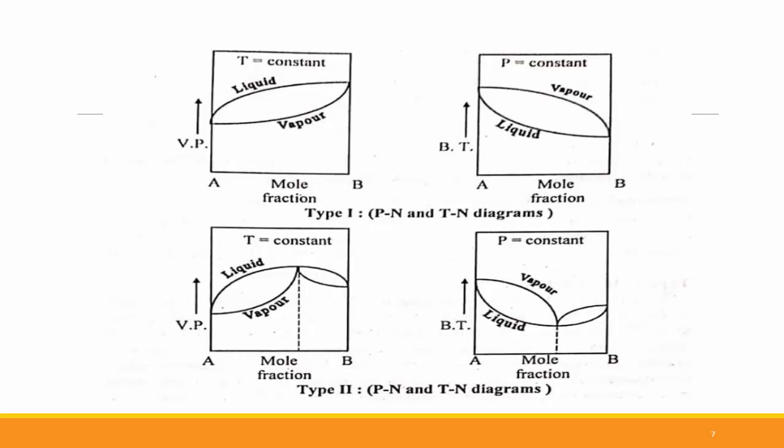In the vapor pressure diagram, T is kept constant, but in the boiling point diagram, pressure is kept constant and the temperature is varied. The liquid composition is below and the vapor composition is above. This is the reverse of the vapor pressure diagram. You can observe very clearly that vapor pressure and temperature are inversely related to each other.